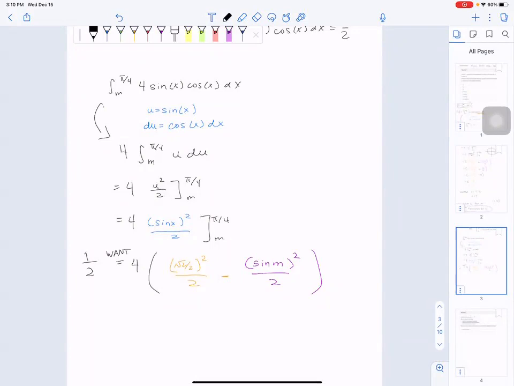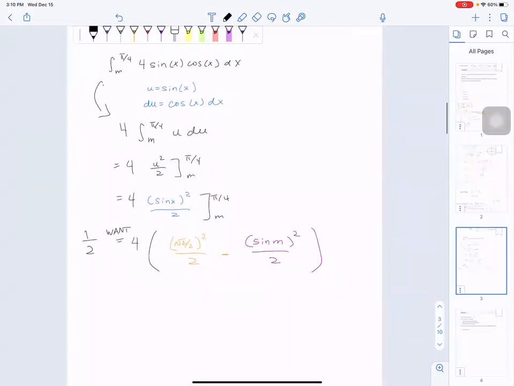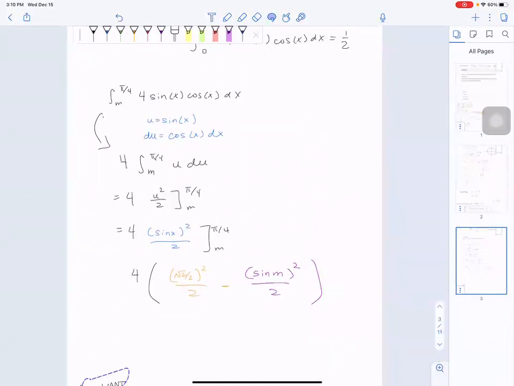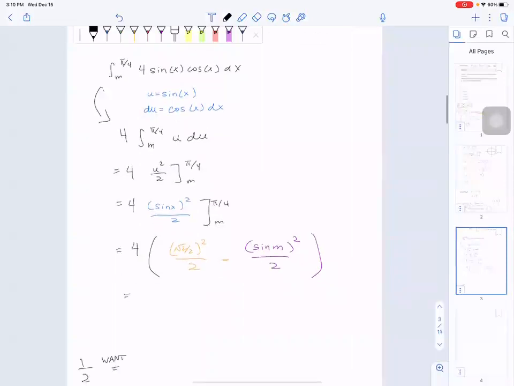What does that mean for us? Well, maybe let's keep simplifying this part so we can write it nicer. Let me move this down. Add another page. So what is this? This is 4 times, square root 2 over 2 squared over 2, minus sine of m squared over 2.